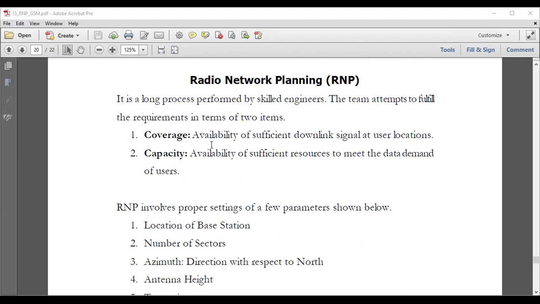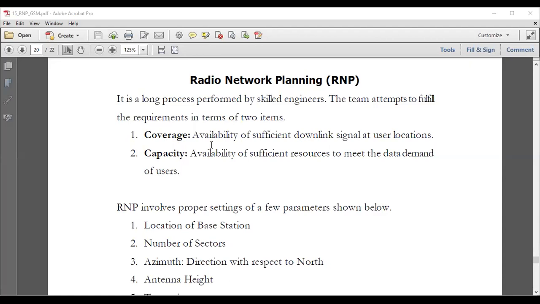The quality of service should be good in Gulshan or this kind of areas. People have different types of tolerance there. Poor quality service they won't tolerate, they would switch to another operator. So all these things are considered in the case of radio planning.